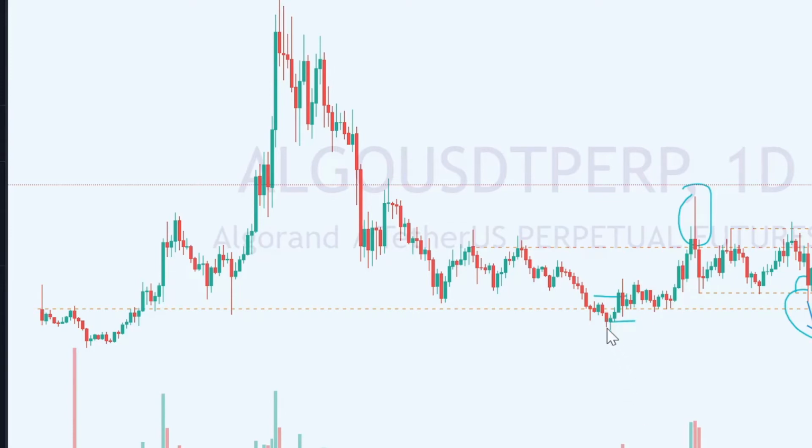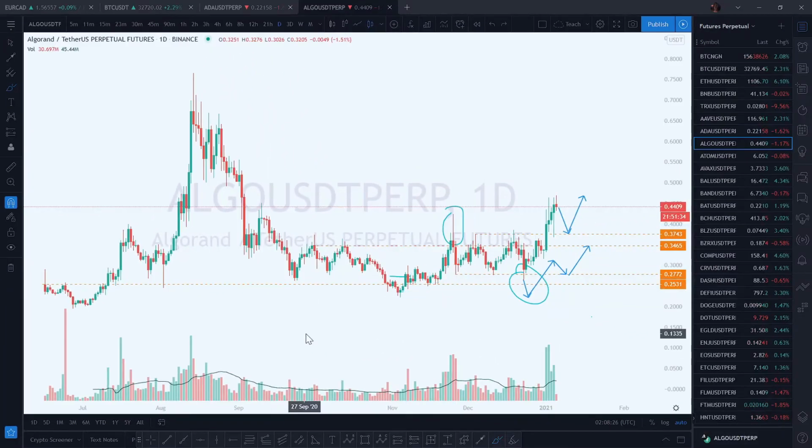They expect the price to go and do something like this. But then what do they get? The moment they enter their short, price came back up, triggered their stops, and came back to the level to find support, rallied back up, came back again to the level to find support, and then boom. So you want to know these things in order to be able to identify your support and resistance.